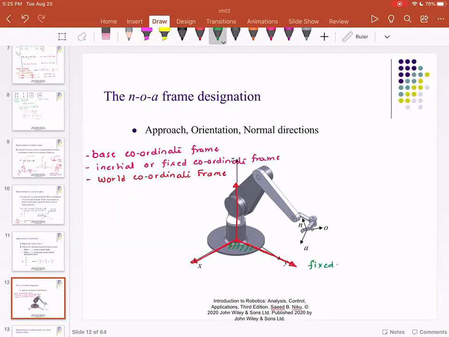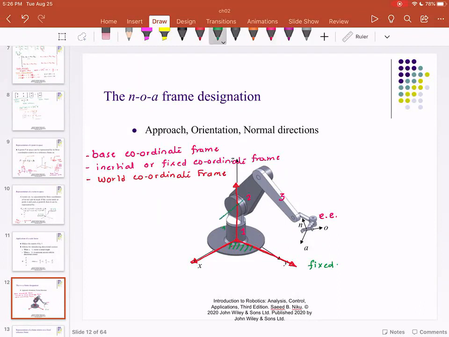Now, if you look at this manipulator, it has rotation about Z. So this is link number 1, this is link number 2, this is link number 3, and then you have an end effector. You could have additional frames somewhere over here.